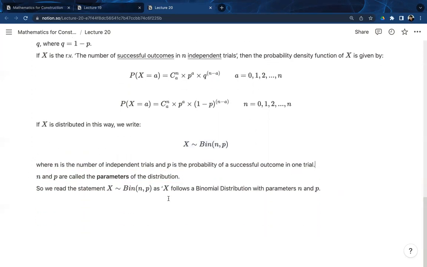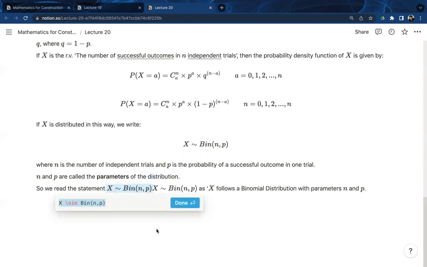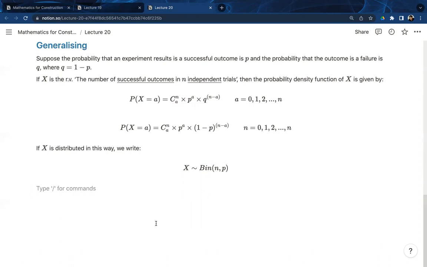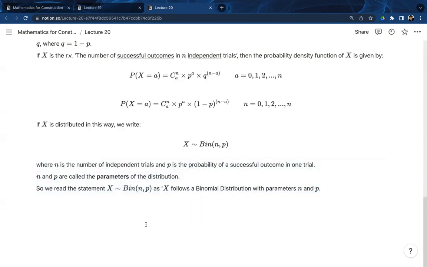So n is the number of independent trials, and p is the probability of a successful outcome in one trial. How do you read this highlighted statement? You say X follows the binomial distribution of parameters n and p.